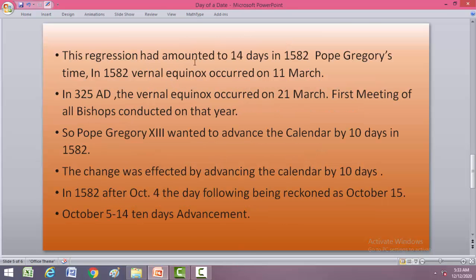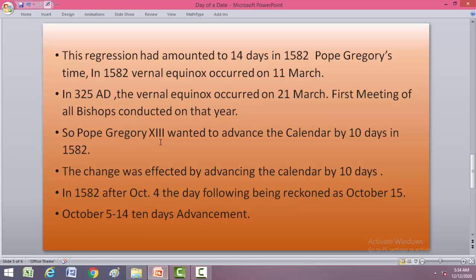This regression had amounted to about 10 days by 1582, Pope Gregory's time. In 1582, the vernal equinox occurred on 11th March. In 325 AD, the vernal equinox occurred on 21st March. The significance of 325 AD was that the first meeting of bishops was conducted in this year.